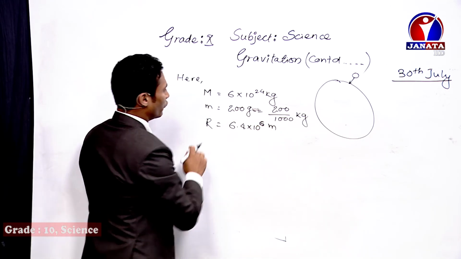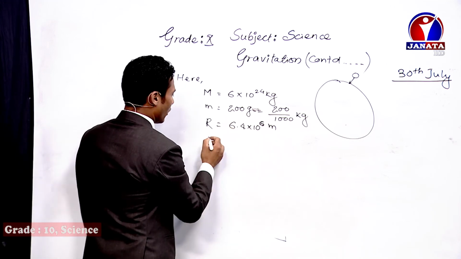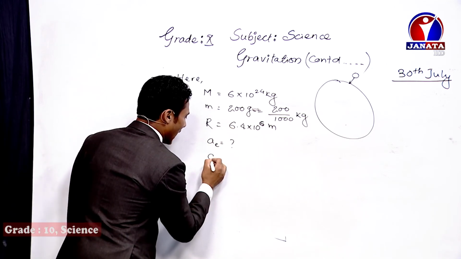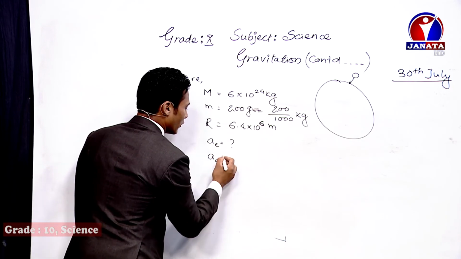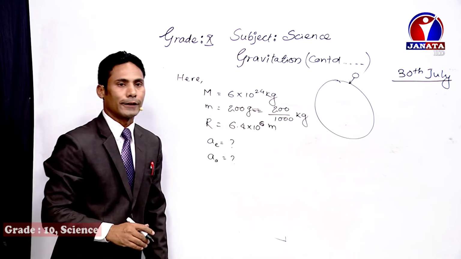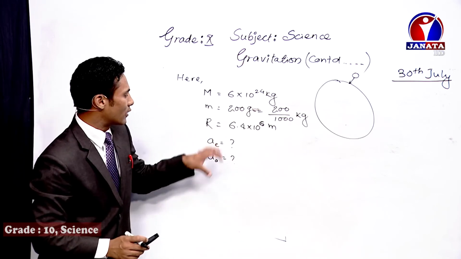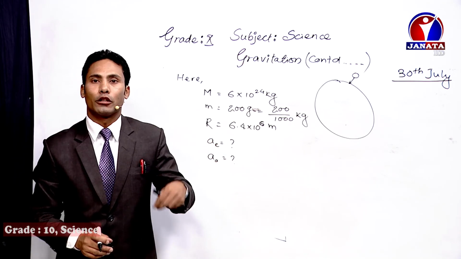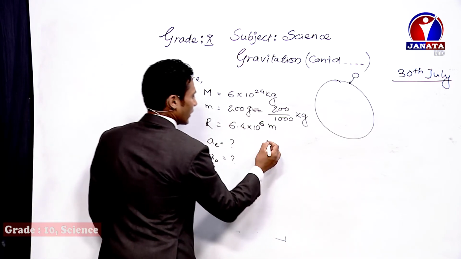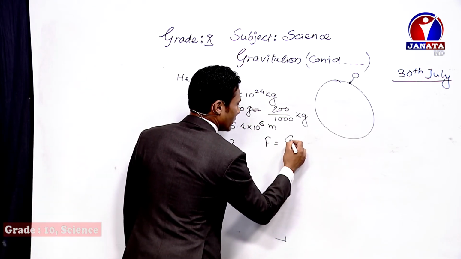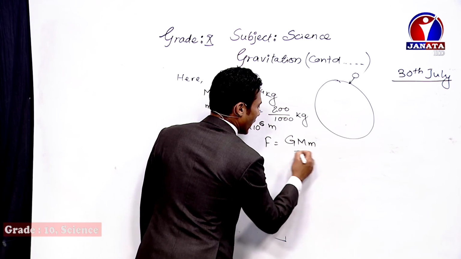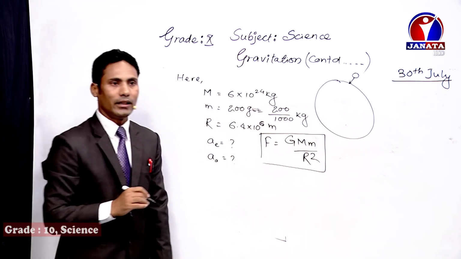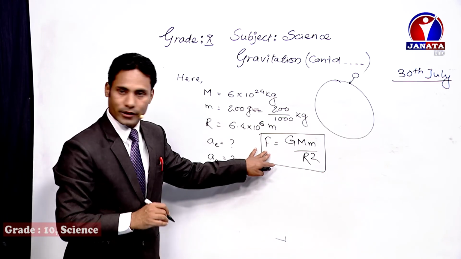And we need to find the acceleration of the Earth towards the apple and the acceleration of the apple towards the Earth. For calculating this acceleration, let's calculate the gravitational force first. So we can use the formula F equals G capital M small m by r square. Find this one, then you will get the force, right?